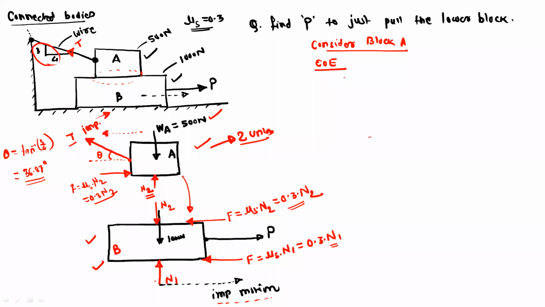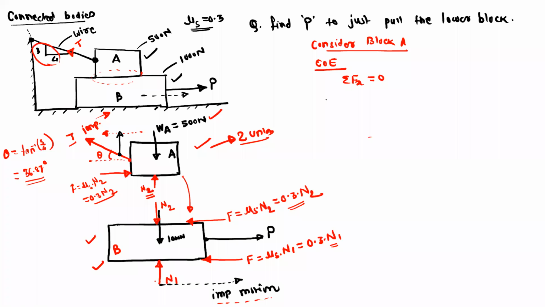First condition is summation Fx equals 0. You can resolve the tension T in the X and Y directions: this is the Y component and this is the X component.